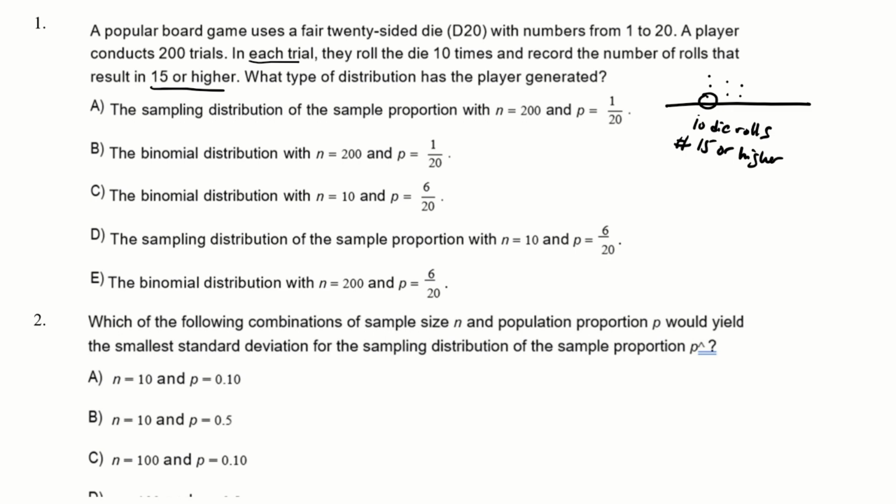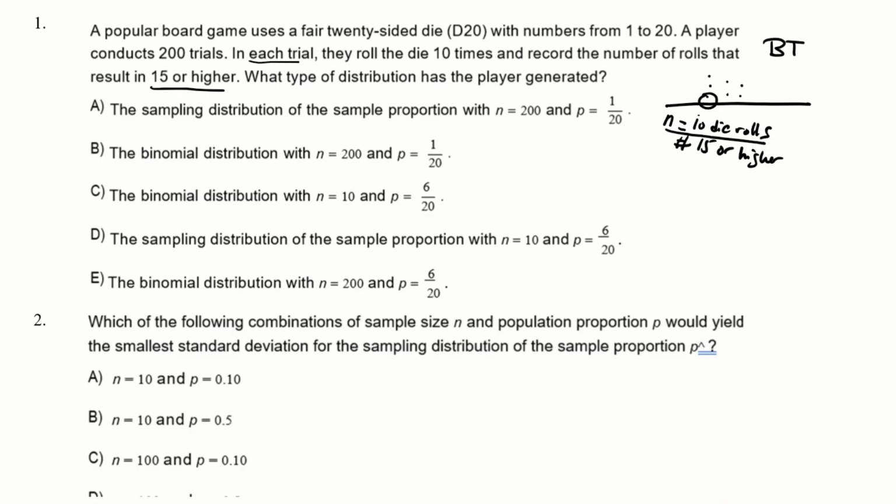You also have that the die rolls are independent. And for just looking at one dot or trial, we have 10 die rolls, and we're looking for success of 15 or higher, and each die roll is independent.